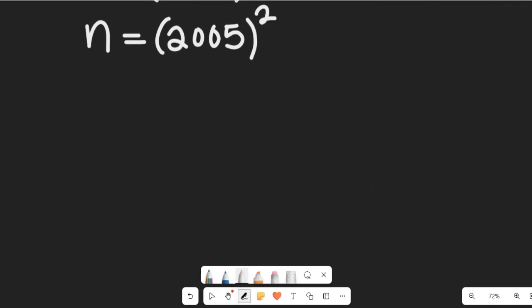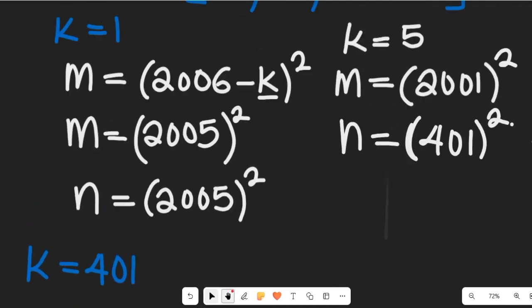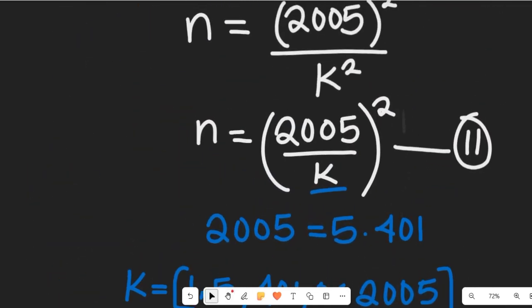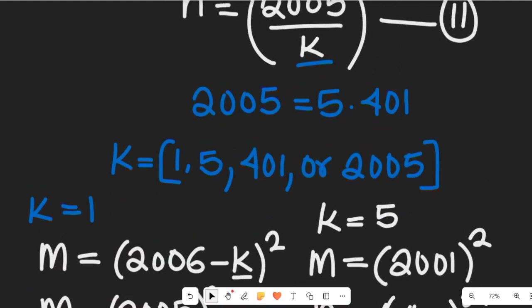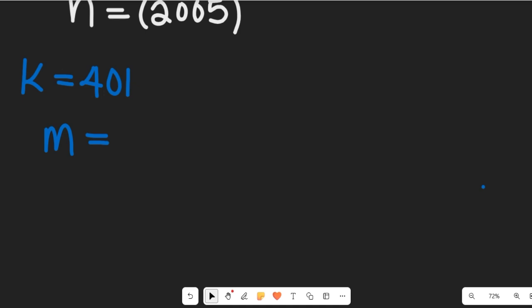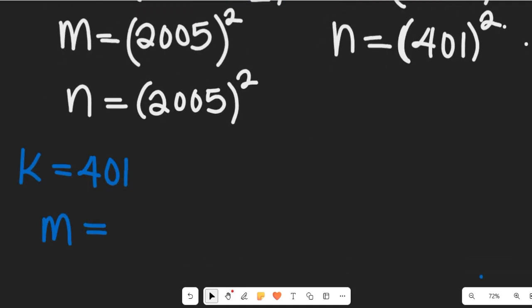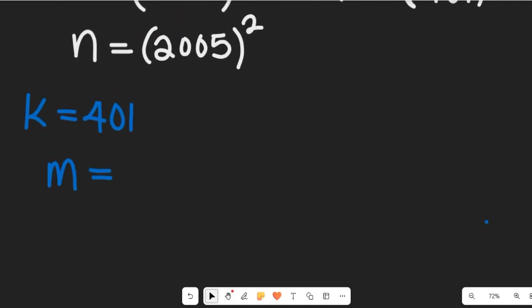Now what if in another expression I have my k to be equal to 401? In that expression, my m can be equal to, if I insert the value of my k to be equal to 401 here, 2006 minus 401.